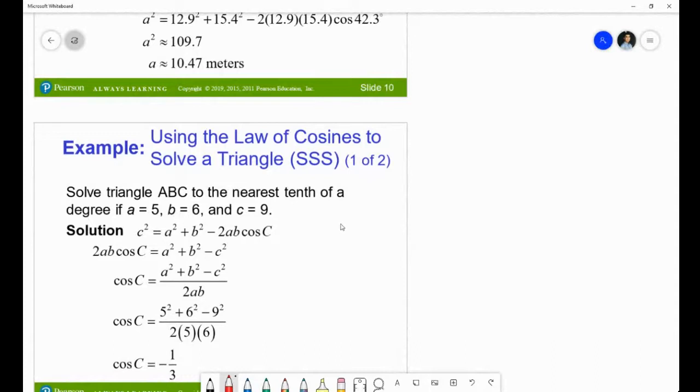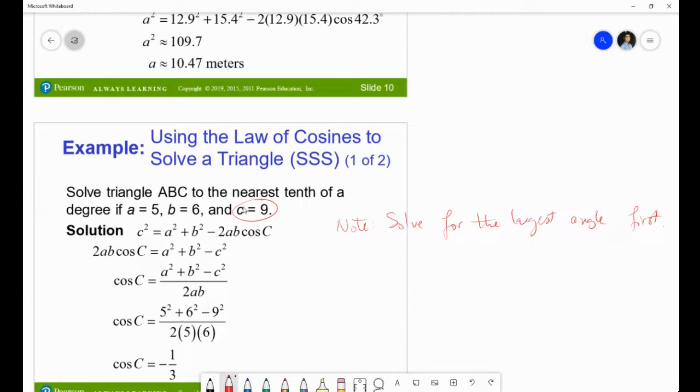So note here, solve for the largest angle first. Well, how do I know which one is the largest angle? Well, the largest angle would be opposite from the side with the longest length. So here, the length is the longest for C, so we can solve for angle C first.